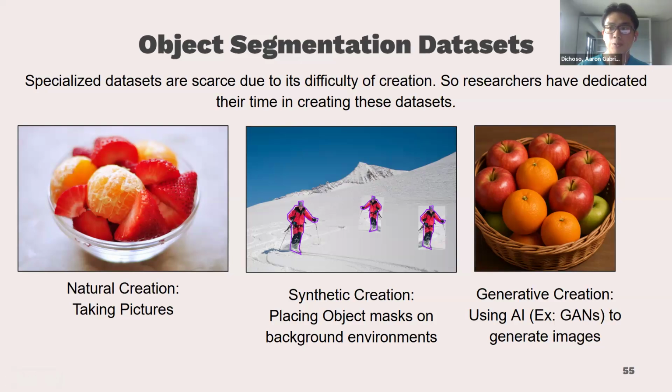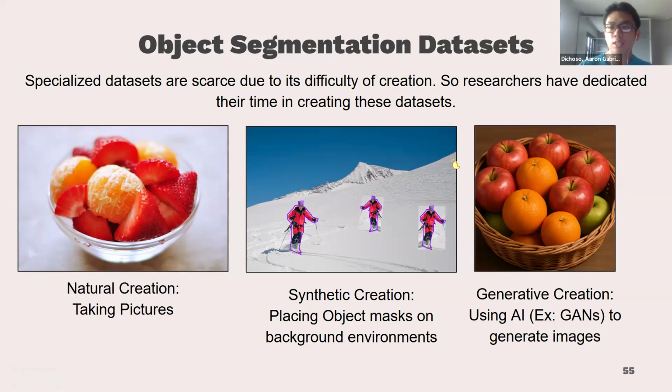So there are three main ways: either creating the datasets by naturally taking pictures of these objects in their environment and manually labeling the different segmentation masks for them.